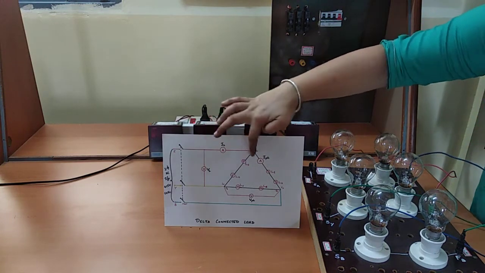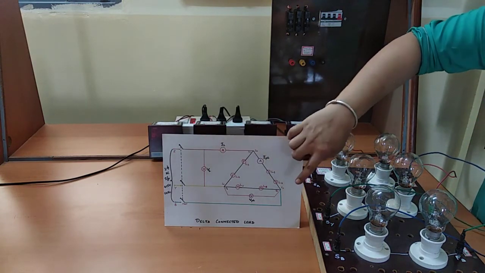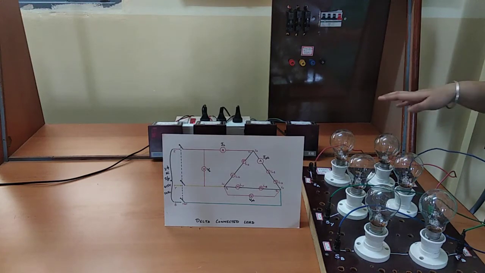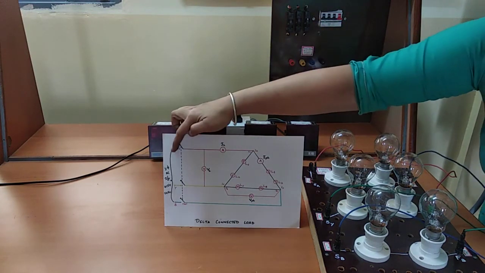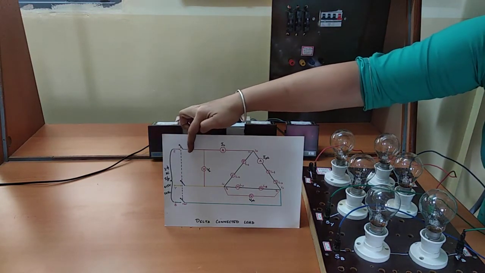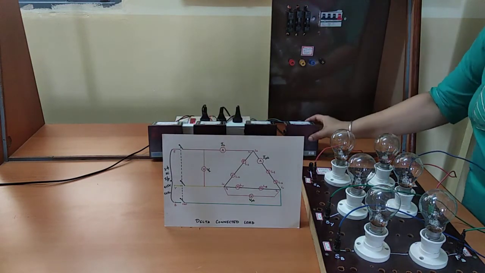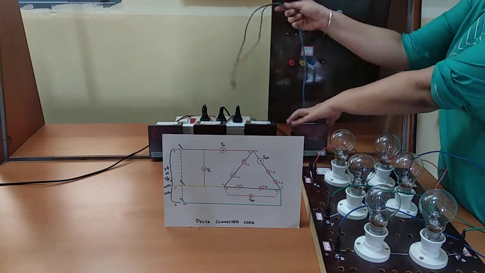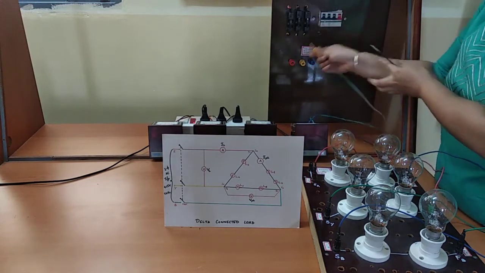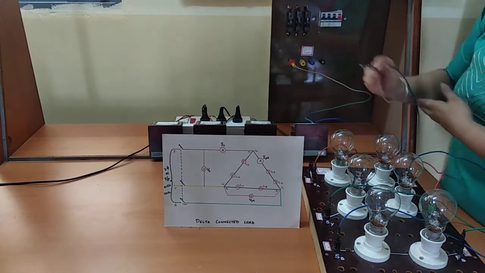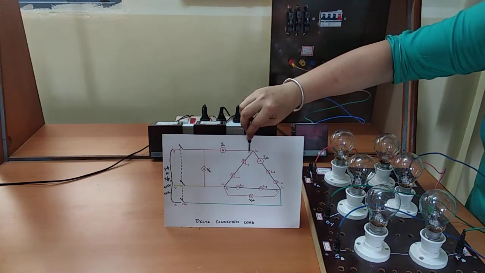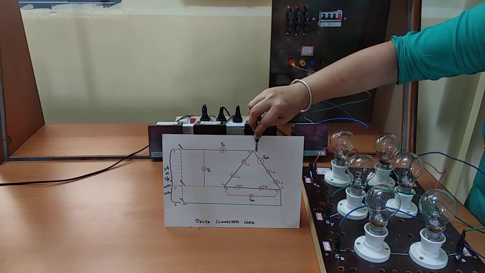So let us finish up completing the circuit from one end and hence complete the whole circuit. Now from R, the TPST is connected, and the other end of the TPST is connected to an ammeter. So one end of this ammeter is connected to R, and the other end is connected to the point where FY and SR meet.